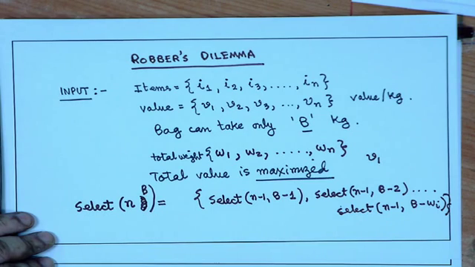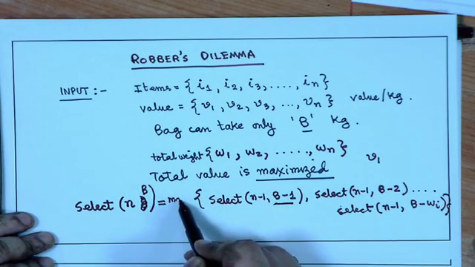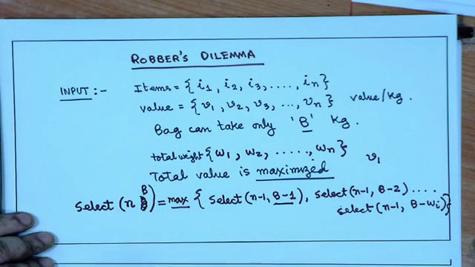Now, if he selects this item, then we must know how much weight is going down in his sack, but he also wants to evaluate how much profit is obtained. So, this function must return the profit obtained, and what he wants to do is to select the one with maximum profit.